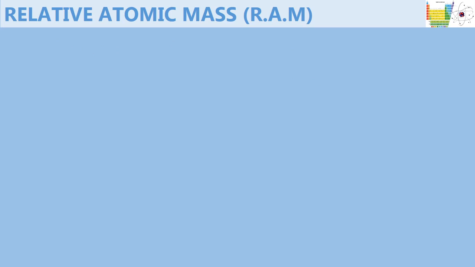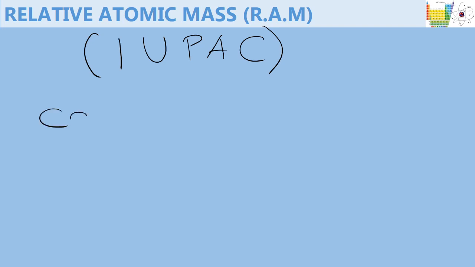And therefore, in 1961, the International Union of Pure and Applied Chemistry, usually abbreviated as the IUPAC, came up with a new scale based on the carbon-12 isotope.